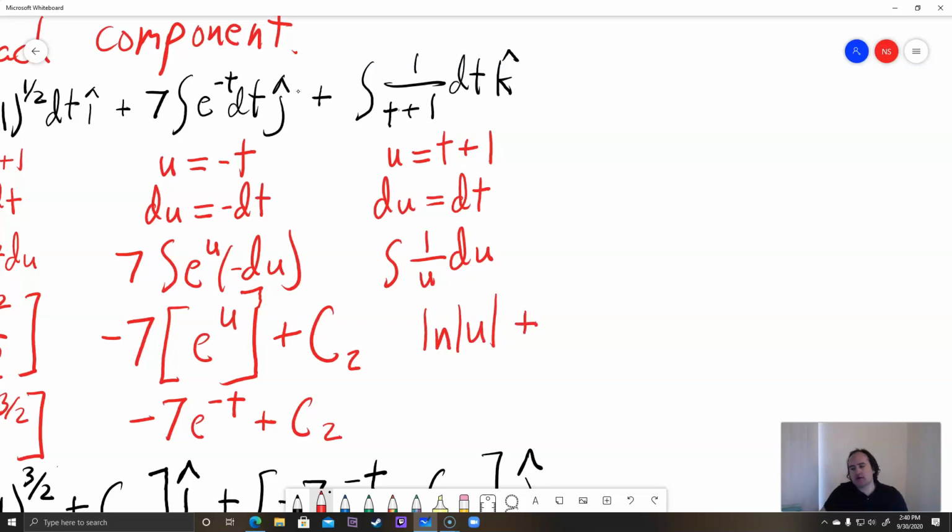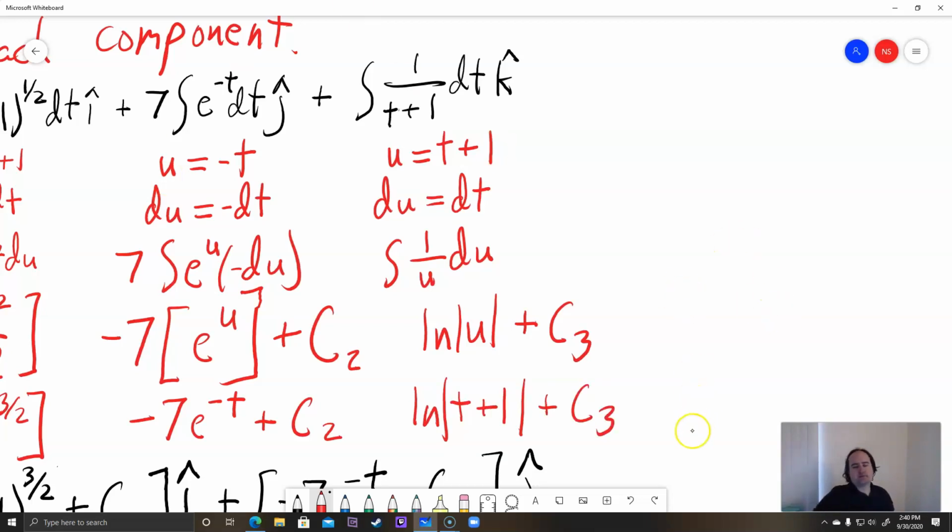And since we've already used c1 and c2, this one's going to be plus c3. Okay? And then you don't want to leave it in terms of u, so we're going to plug back in our u that we started with here, which was t plus 1. So we actually have natural log of absolute value of t plus 1 plus c3.